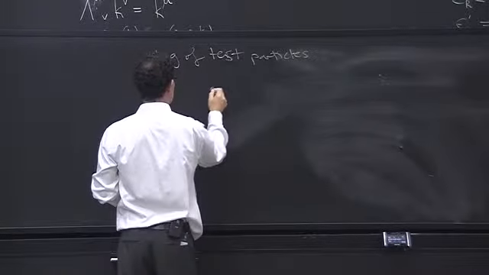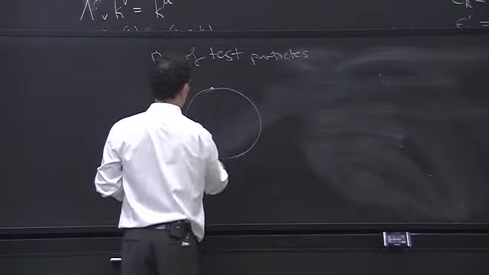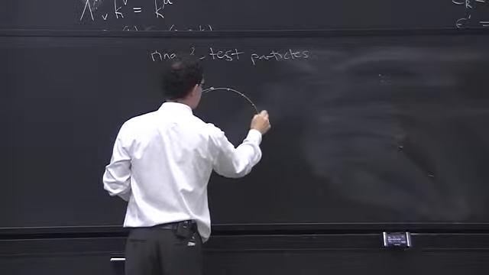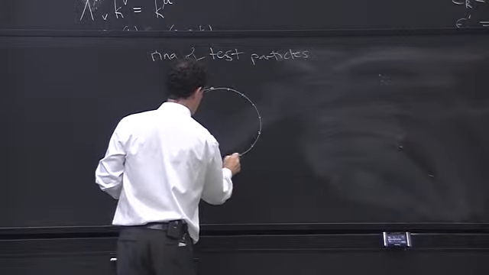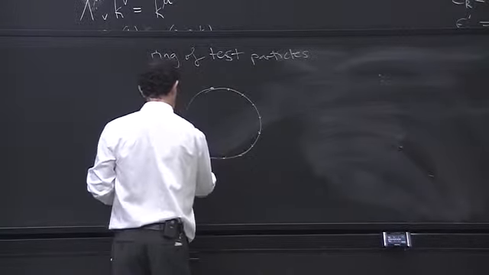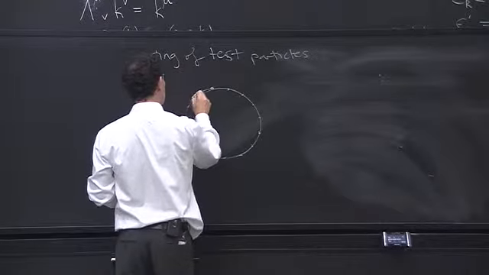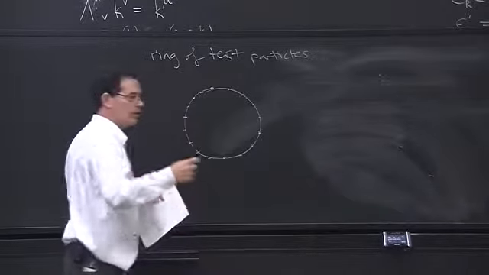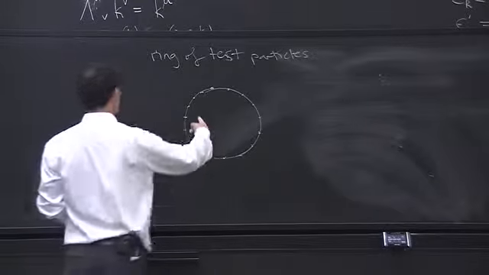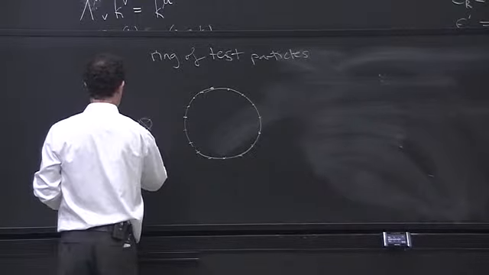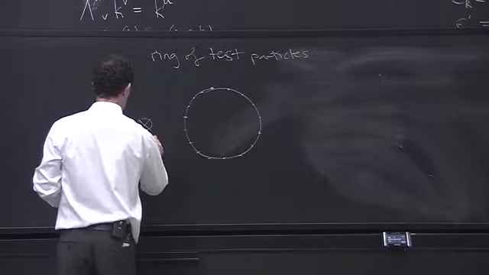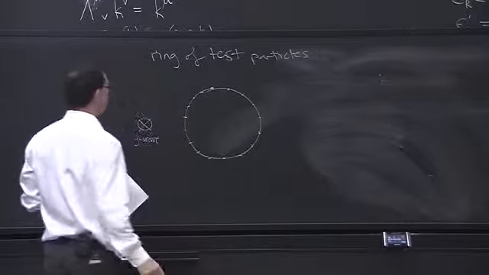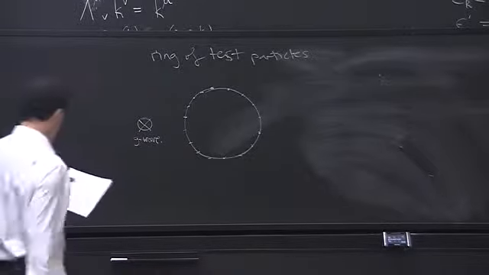So let's choose them to lie along this ring, like that. And then the gravitational wave is going to come along into, let's say, into the blackboard. And we want to know what's its effect on this ring.